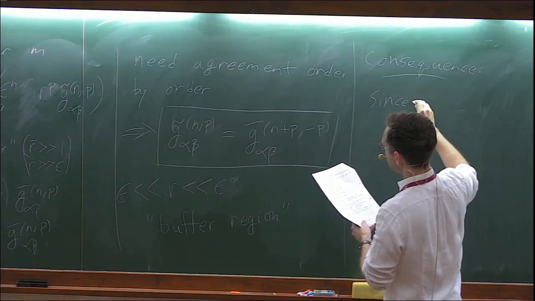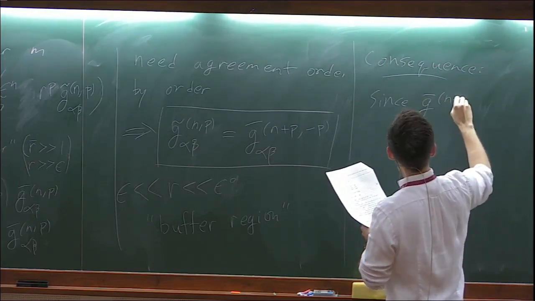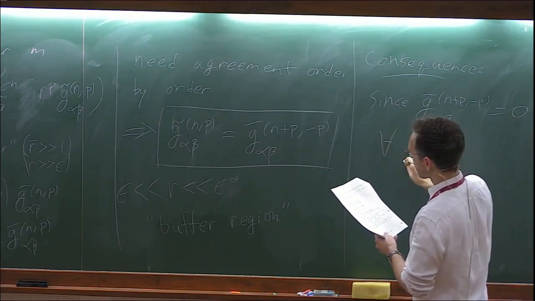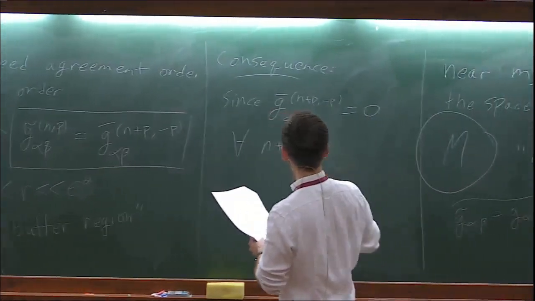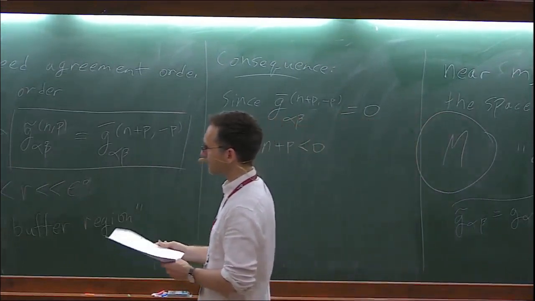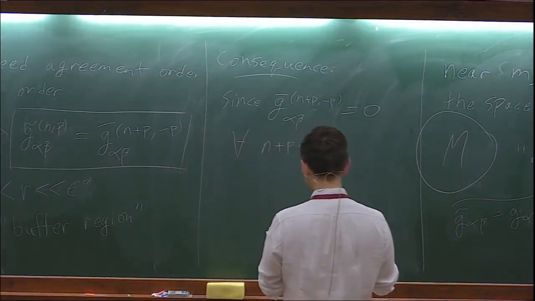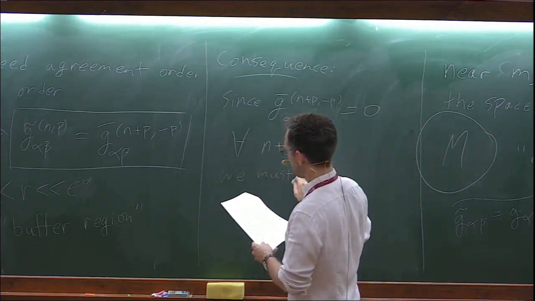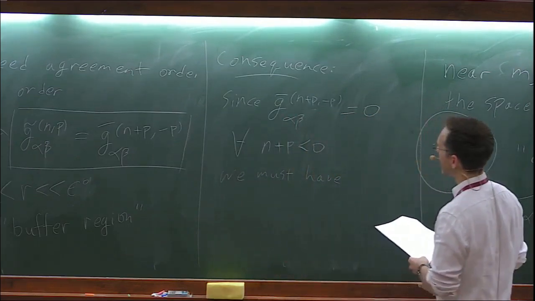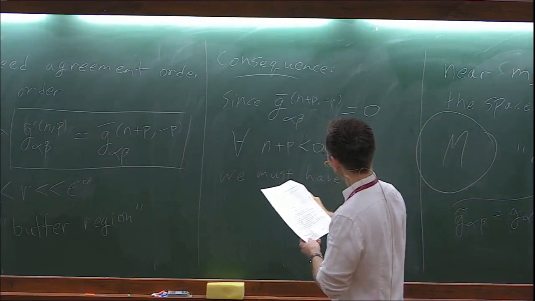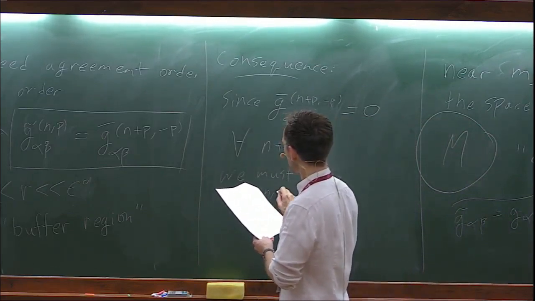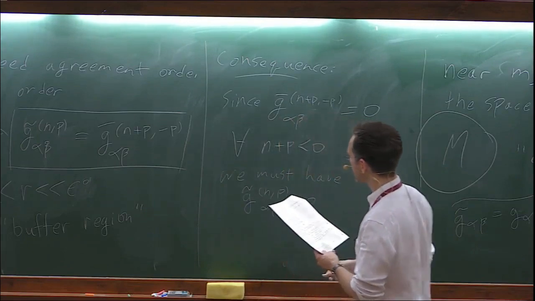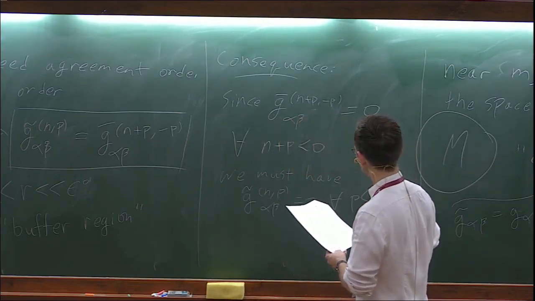is that since g bar n plus p, minus p alpha beta equals 0 for all values of n plus p less than 0, then we must have g tilde n p equals 0 for all p less than minus n.